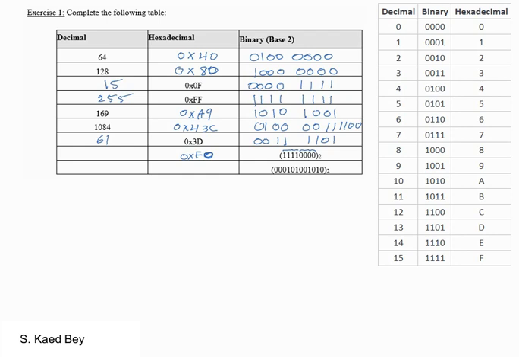The decimal equivalent can be found, as we have done previously, by taking the first digit times 16 to the power 0 plus F times 16 to the power 1. The letter F is equivalent to number 15. So this is 240.